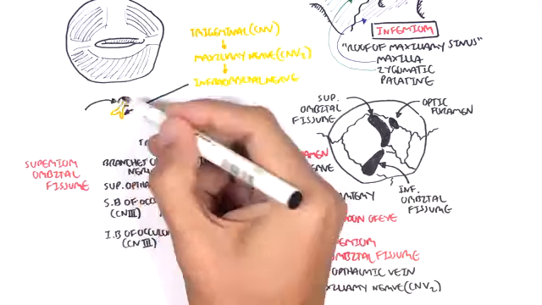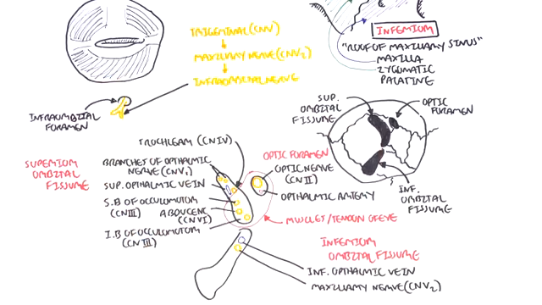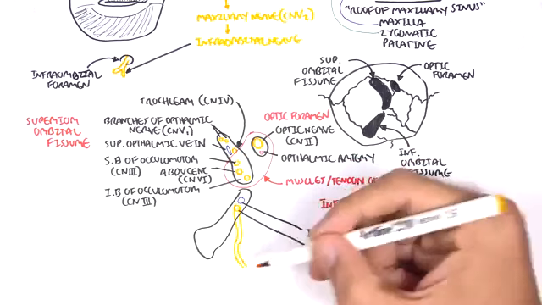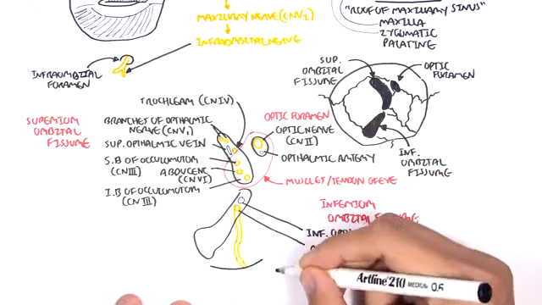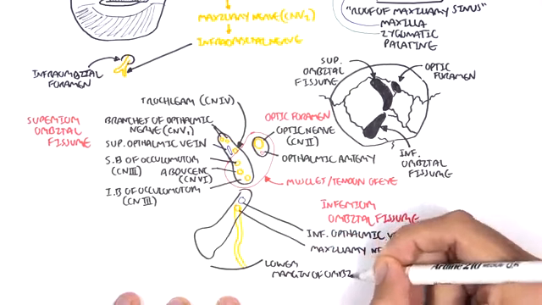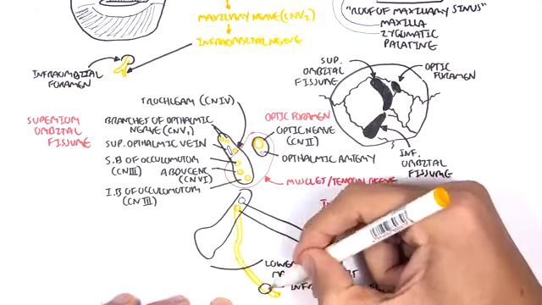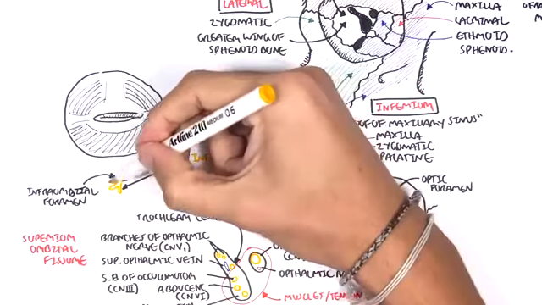The infraorbital nerve goes through the infraorbital foramen. So if you remember the inferior orbital fissure here, we have a maxillary nerve off the trigeminal, which passes the lower margin of the orbit and exits through the infraorbital foramen and becomes the infraorbital nerve.